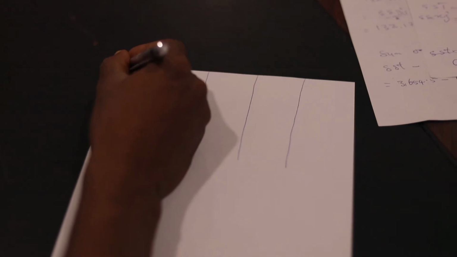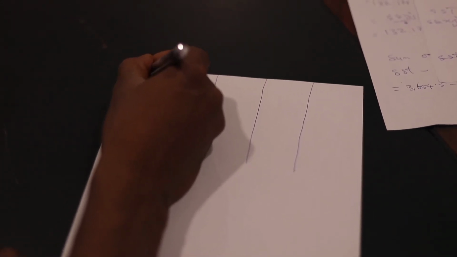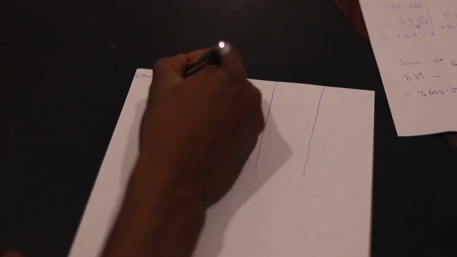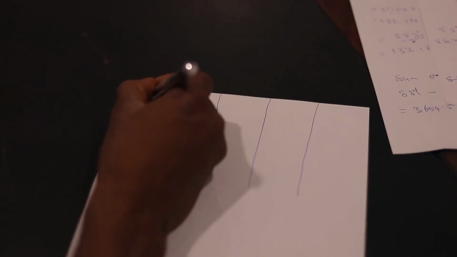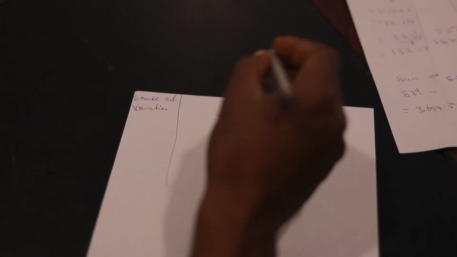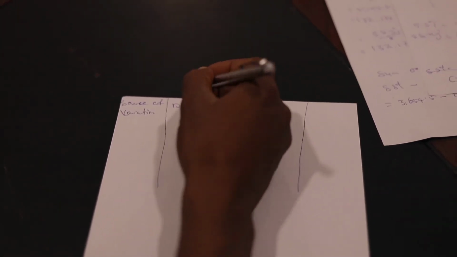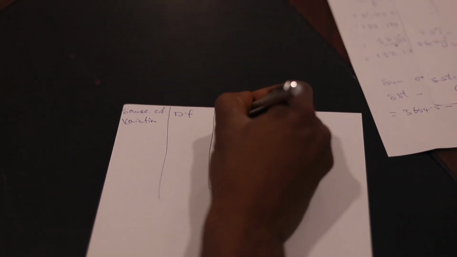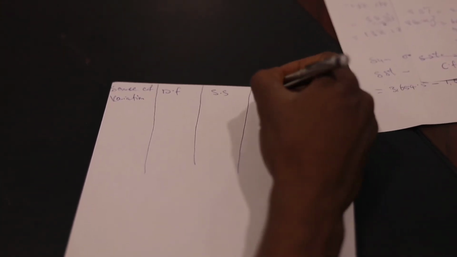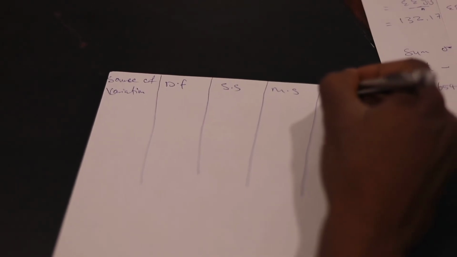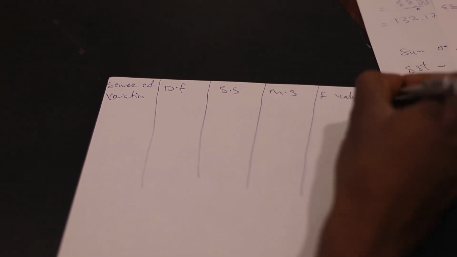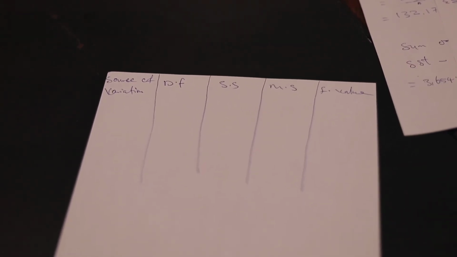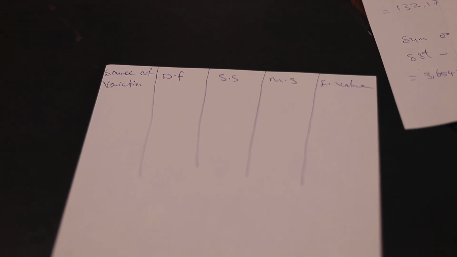Now, source of variation, direct factors, SS, sum of square, don't forget. Mean of square. Then the F value, which has been our previous formula. Now, here we're having the treatment, sum of square treatment.